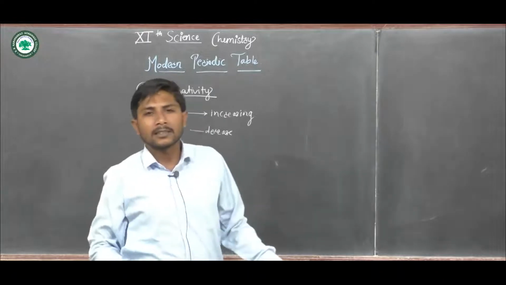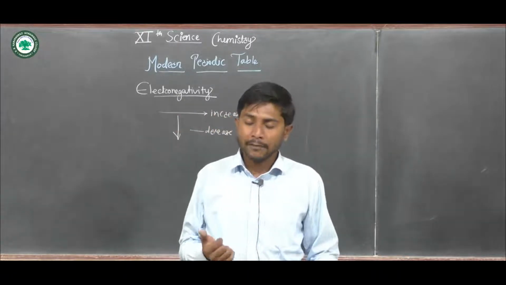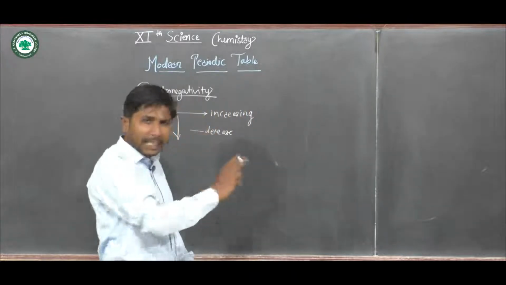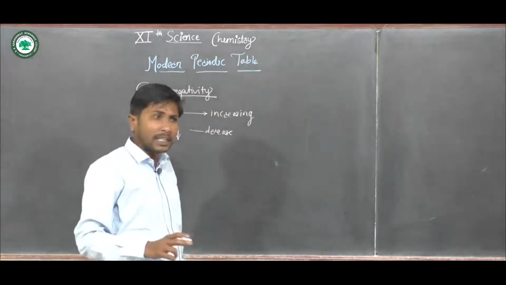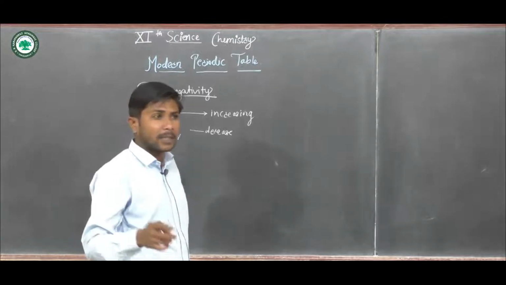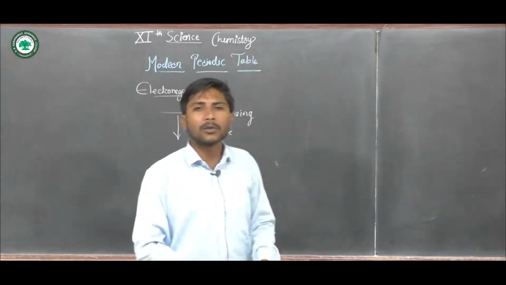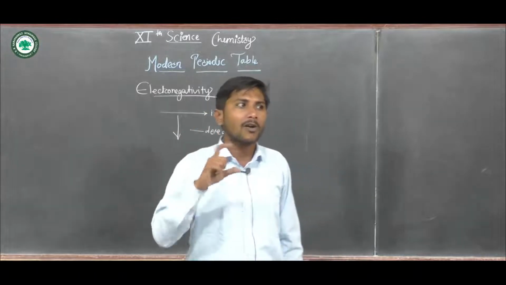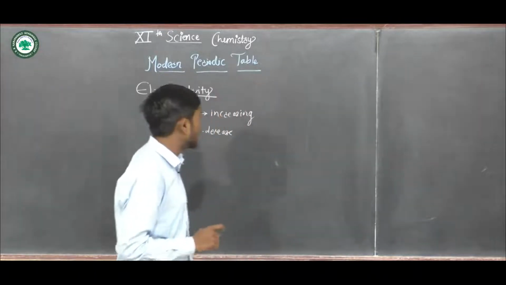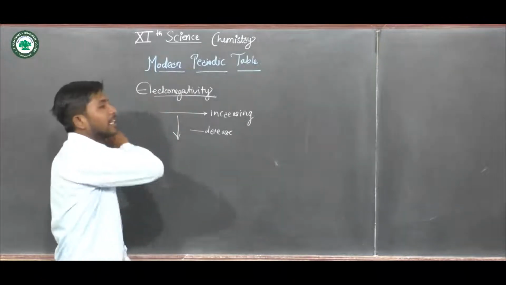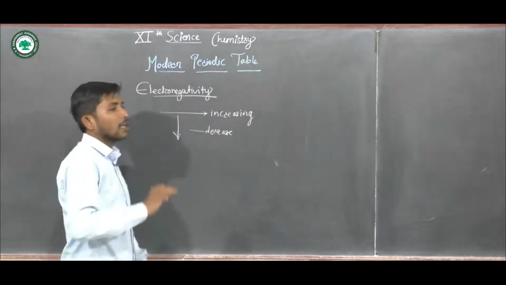Why does it increase along the period? As we can see, atomic radius goes on decreasing along the period. That means as the radius decreases, the distance between the valence shell electron, the outermost shell electron, and the nucleus goes on decreasing, and it increases the affinity of an atom towards the electron.